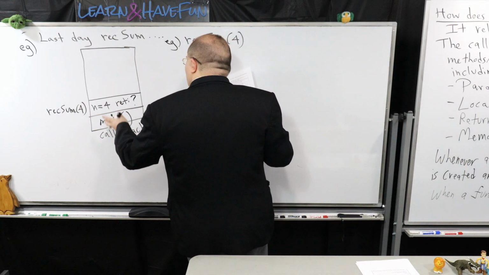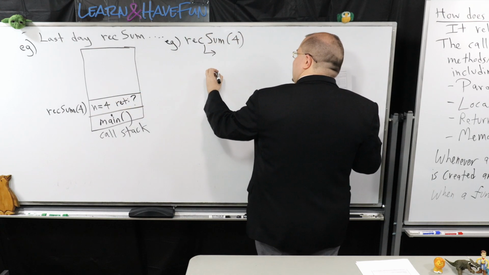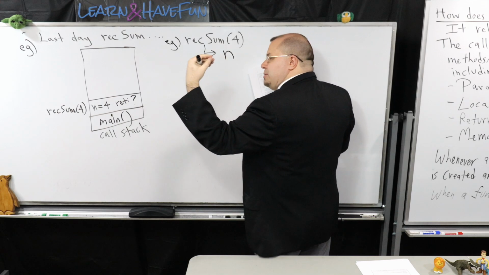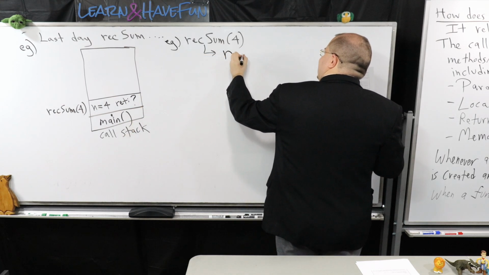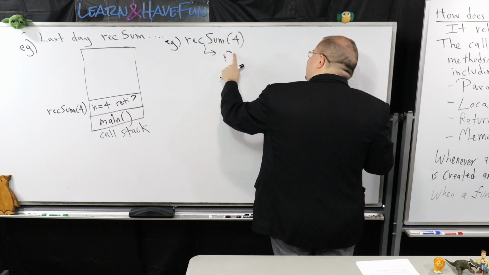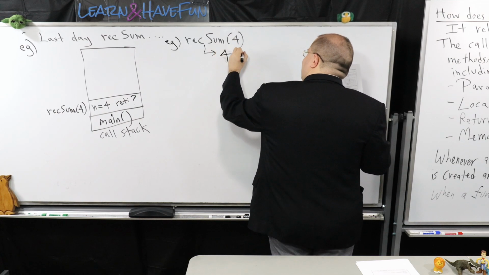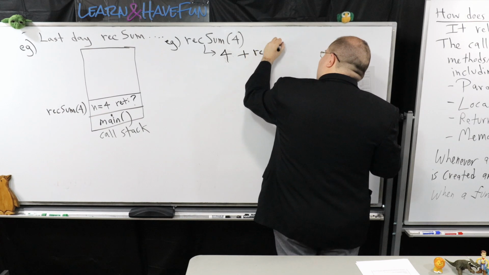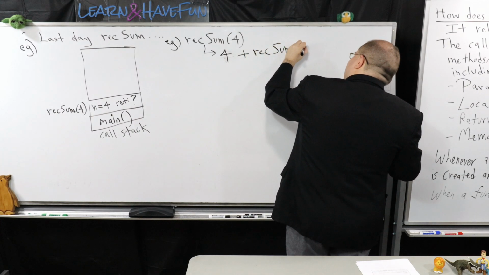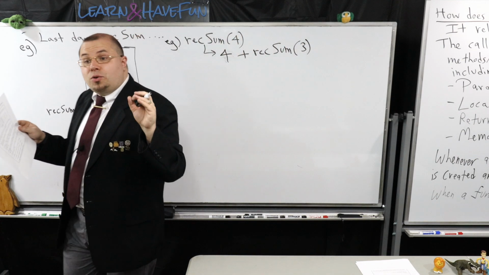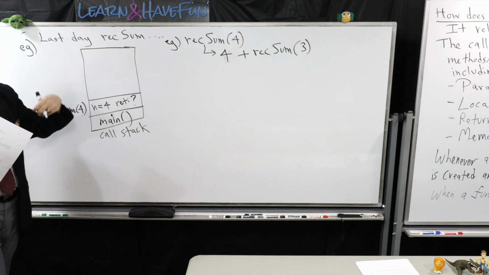So what happens? Recursive sum applies the recursive case. It takes whatever the input is, n, but remember n here is 4, right? So it's 4 plus a recursive call, recursive sum 3. That means it's going to call recursive sum 3.